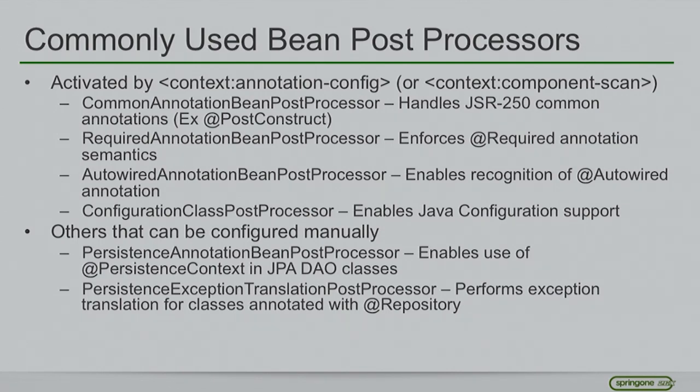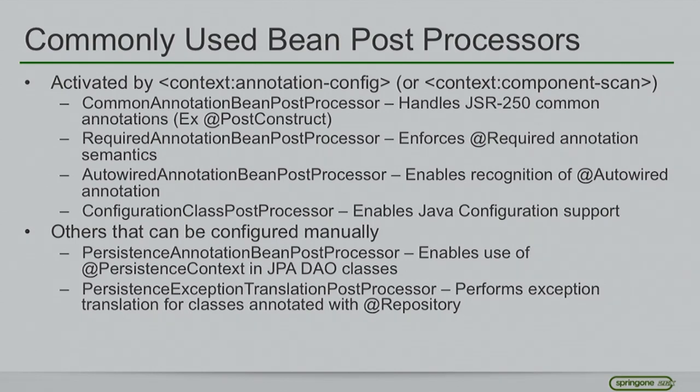How many people knew that those are the bean post processors that got created? More importantly, you probably said, I'm using that tag because I want to enable @PostConstruct, or I want to enable @Required, or I want to enable @Autowired, or something like that. You may not have known that what that actually did was register 4 or 5 bean post processors. So you get kind of a freebie.